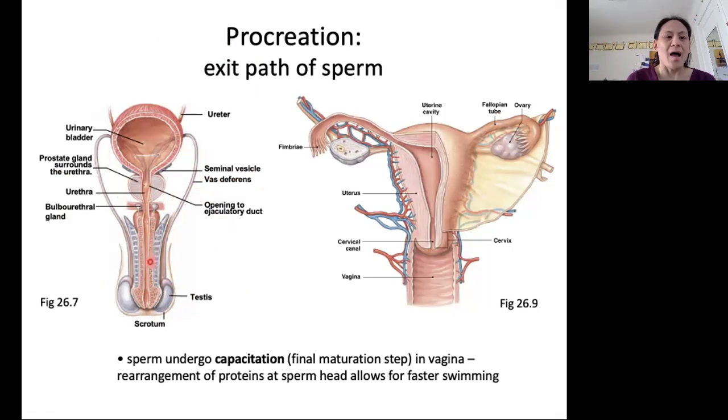During intercourse, semen gets deposited into the vagina of the female, and the sperm are going to swim up towards the fallopian tubes. When the sperm are deposited in the female, the sperm undergo capacitation, which is a final maturation step where they rearrange some proteins at the head of the sperm to allow for faster swimming.